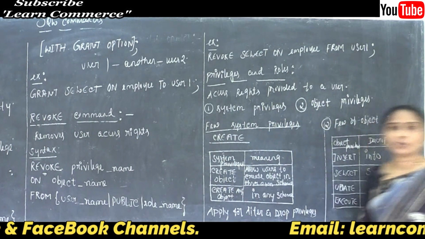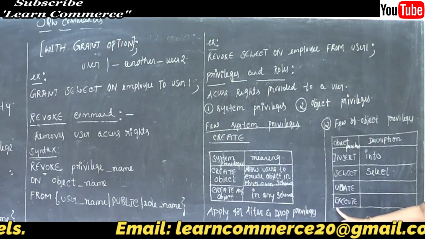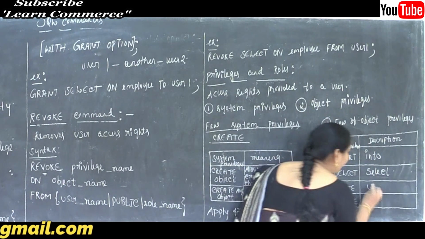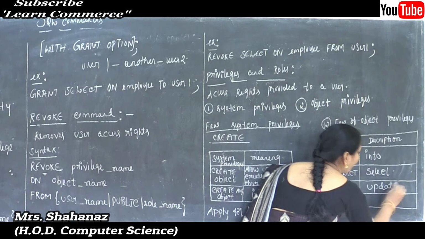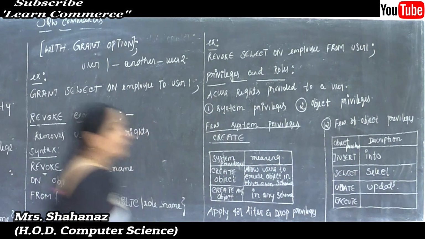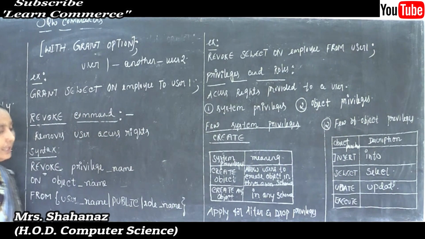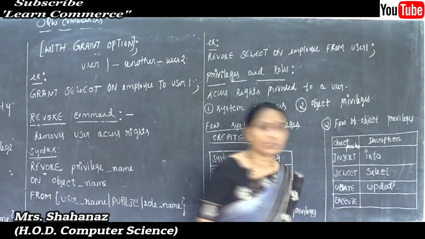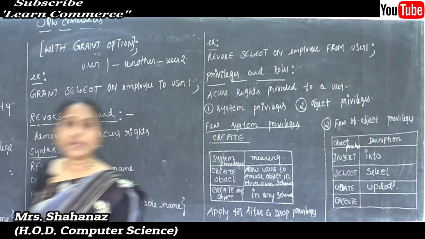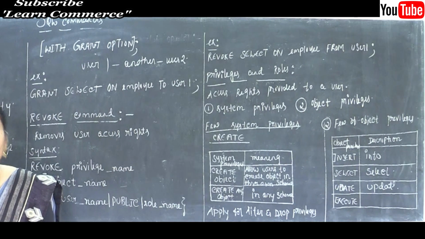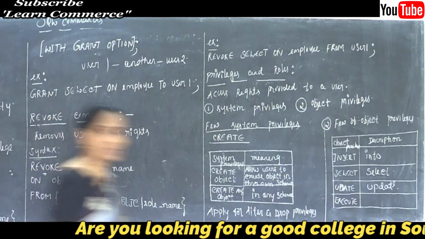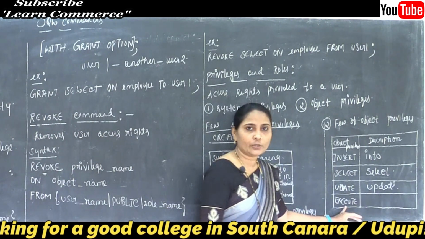In case you want to make some changes in data, you can do it by using a command like our update command. And later, execute. So it allows the user to execute a stored procedure, to execute the program, to execute the database object by using the execute command.